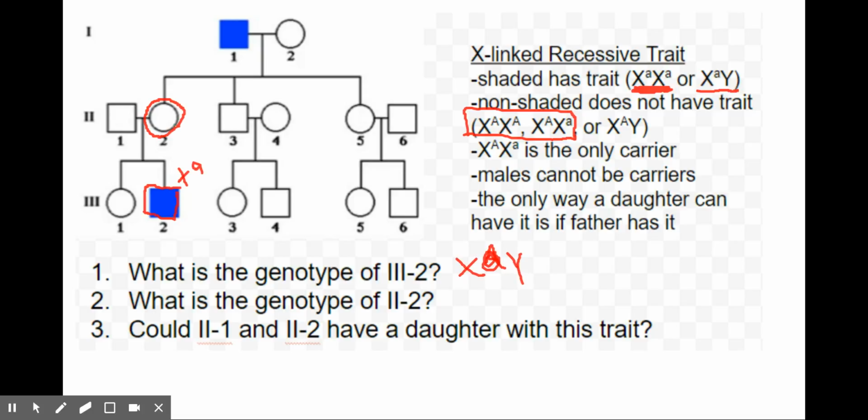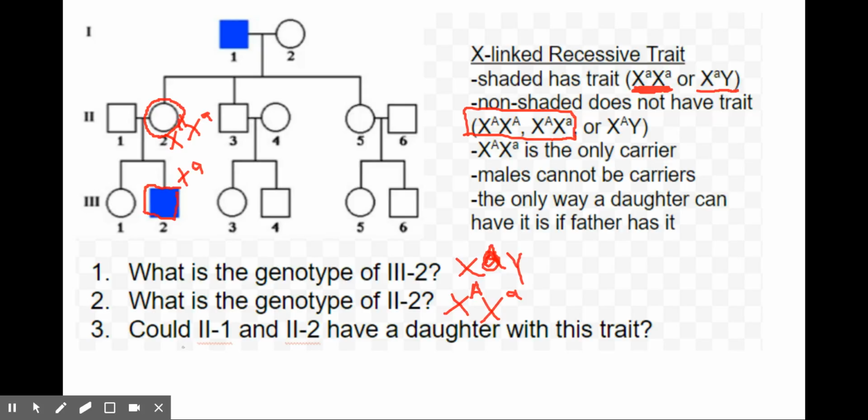So this mom has to have that, but if she had two of those, she would have the trait. Since she does not show the trait, her other X has to be capital A. So that genotype there is going to be heterozygous.